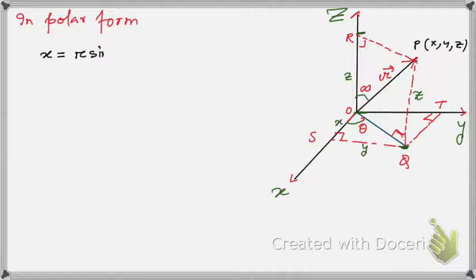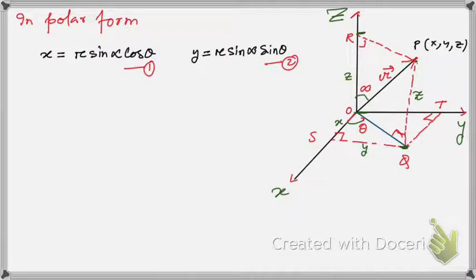In polar form, which we have already discussed, the x coordinate is given by r sin alpha cos theta, y is given by r sin alpha sin theta, these two are equations 1 and 2 respectively, and z is r cos alpha, that is equation number 3.